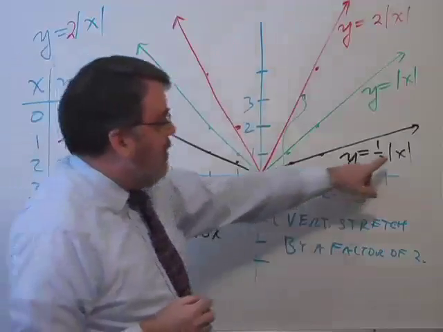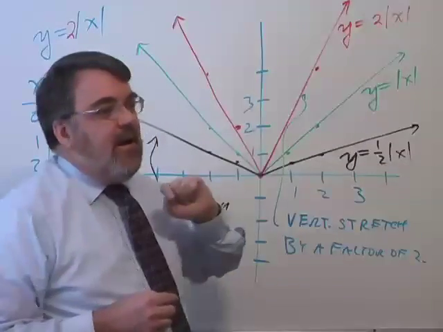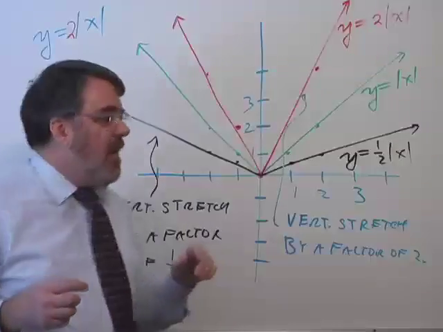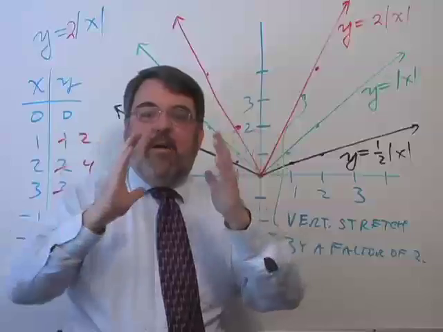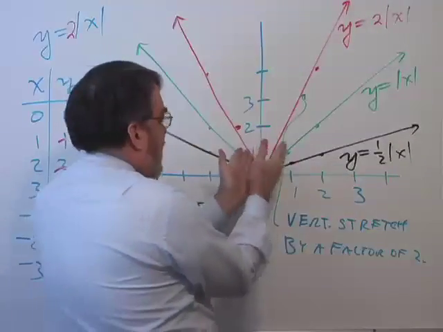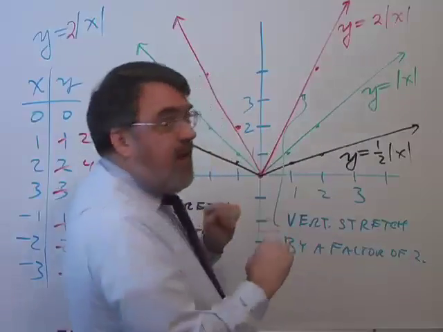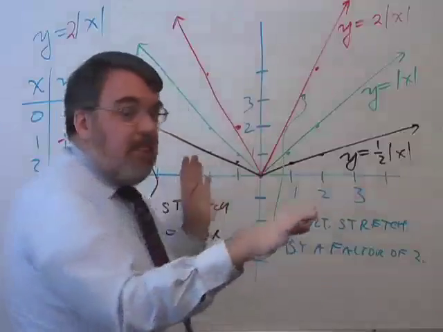Likewise, if I put a 1/2 inside the absolute value and that half would factor out, you would think of this more likely as a horizontal stretch by a factor of 2. In other words, if you take the x values here and you stretch them out by a factor of 2, what happens when you stretch the x's? You end up with this flatter function.